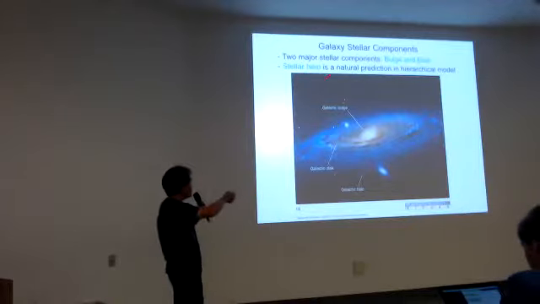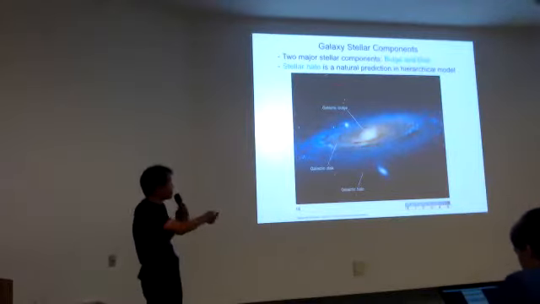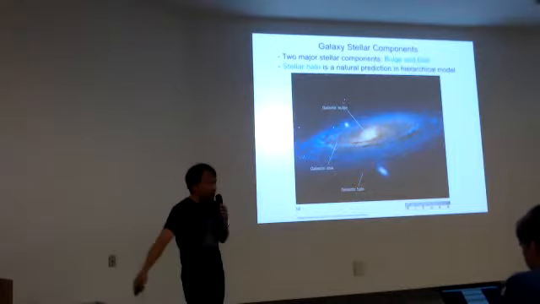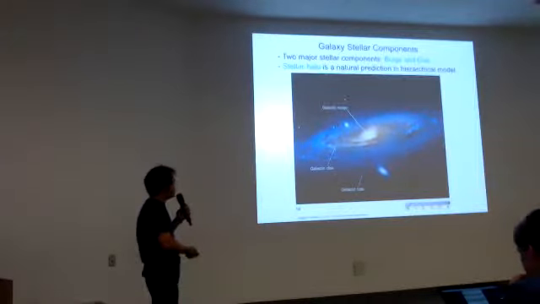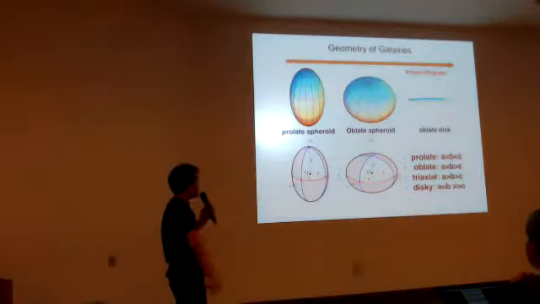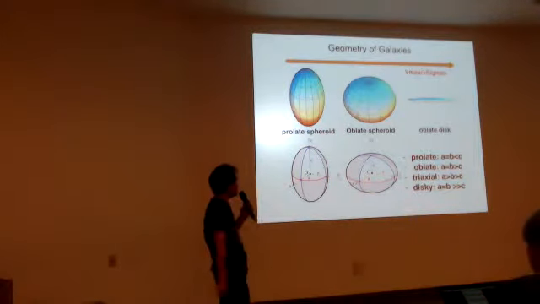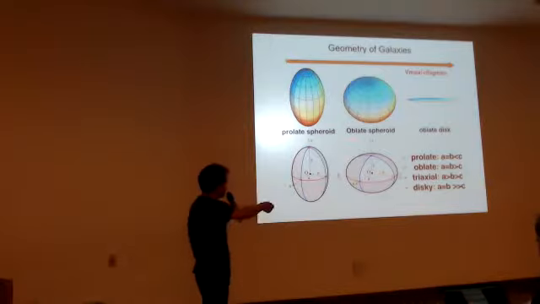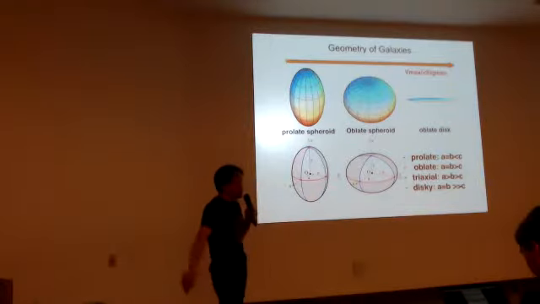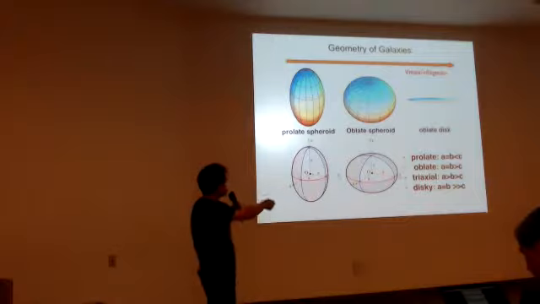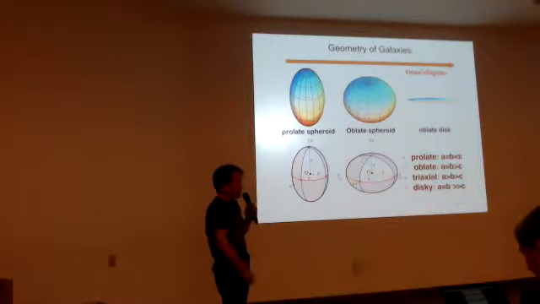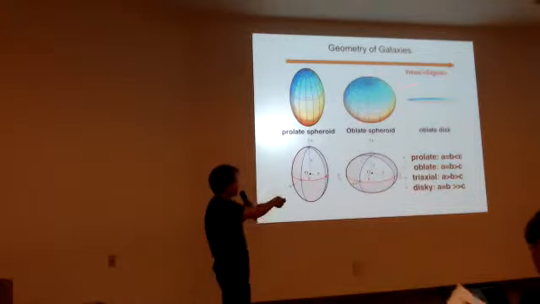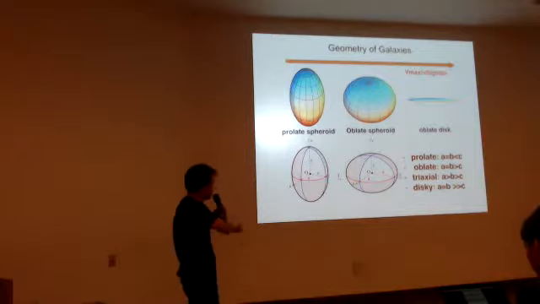Stellar halo is also a natural prediction in theoretical models. This slide shows the intrinsic geometry of galaxies: the prolate spheroid, oblate spheroid, and oblate disk. From left to right, the ratio of the maximum rotation velocity to the mean velocity dispersion increases.